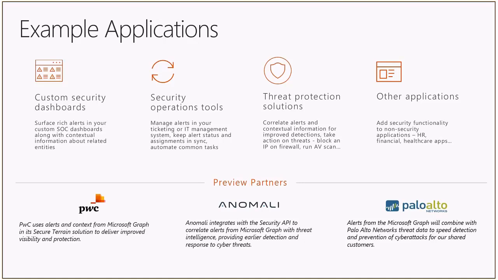Palo Alto Networks is combining alerts via Microsoft Graph with their own threat data, not only threat intelligence, but data from their network appliances, their firewalls. So correlating and enriching alerts with that data to enable better detection and protection.